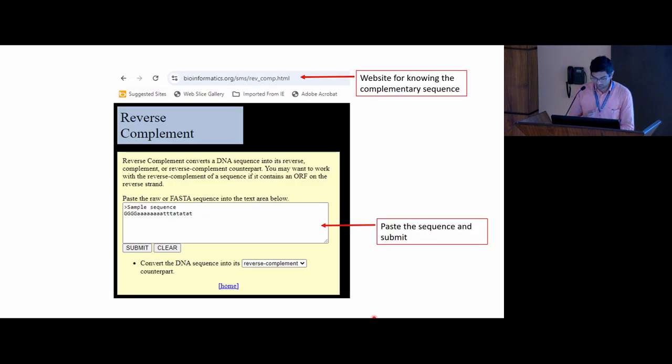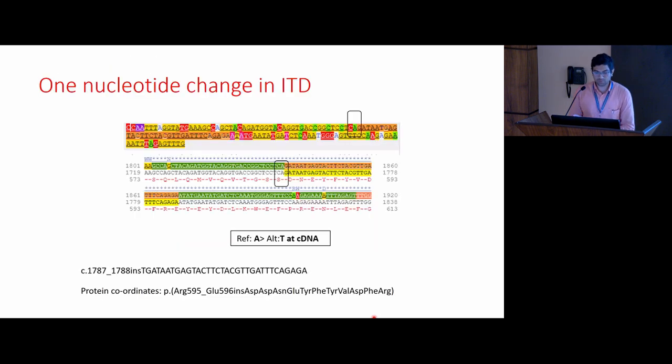We reverse complement the sequence and get the reverse complement. But when we check it with the mapping again, almost all the sequence gets matched except for this A, which is circled here. When we put it in here, the ref is A, but the sequence which we have is T.